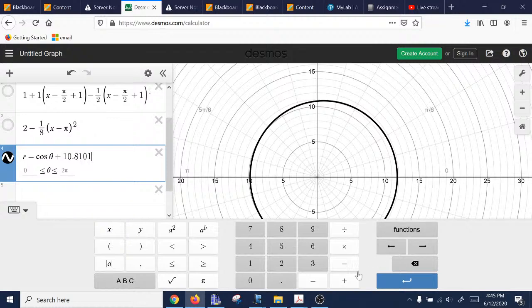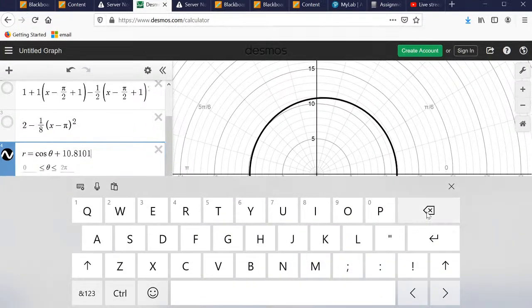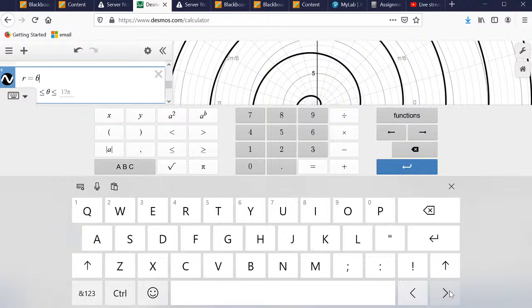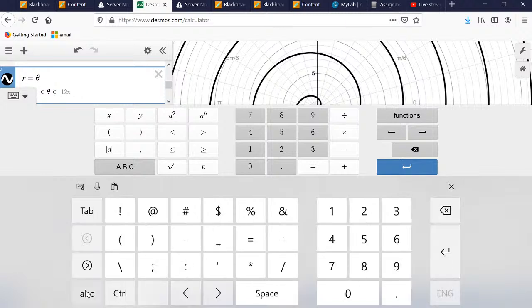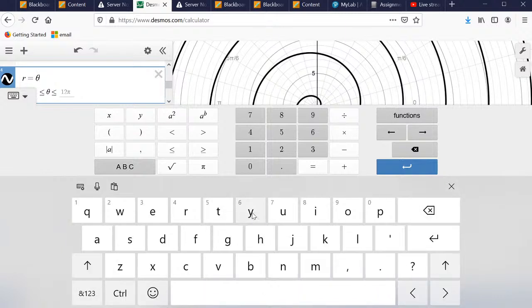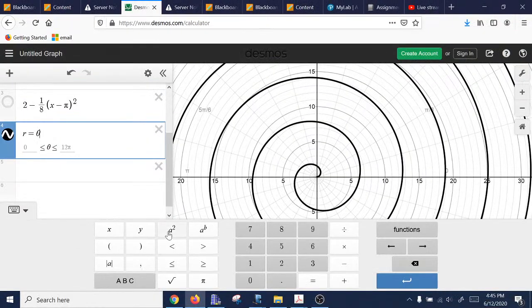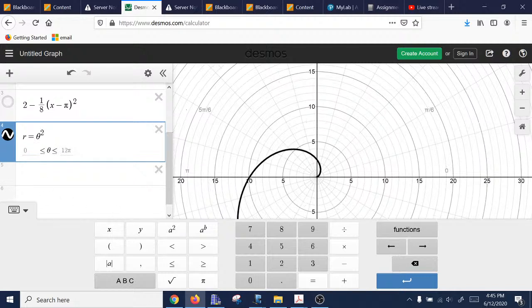Let's change this into theta squared. Do I have a caret? Do you have a caret? Oh, there's a squared. Theta squared.